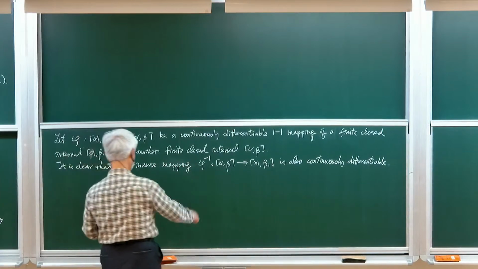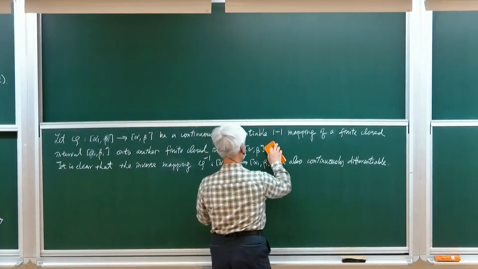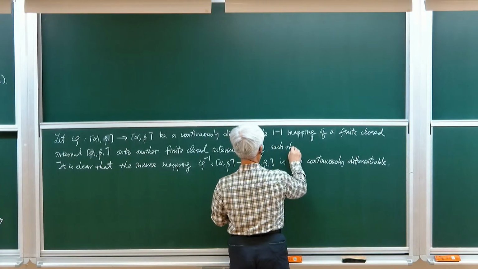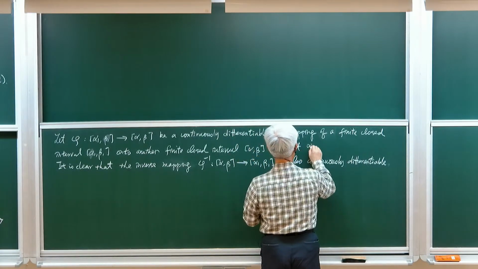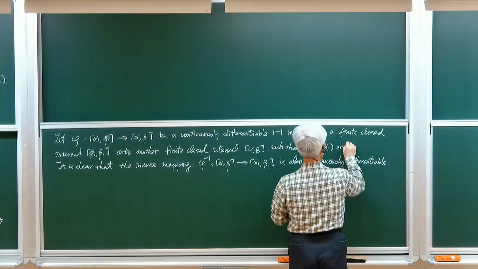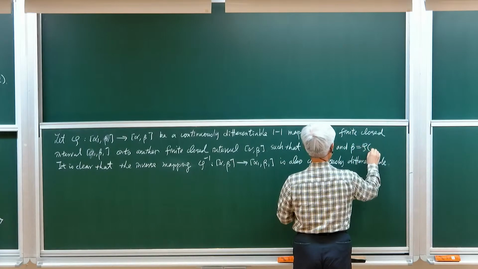Oh, by the way, I forgot to add such that alpha is equal to phi of alpha 1 and beta equal to phi of beta 1.